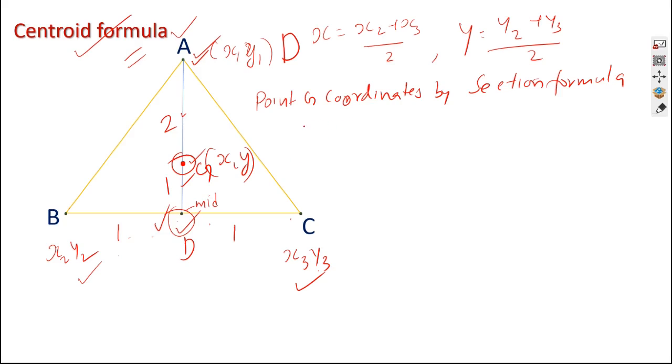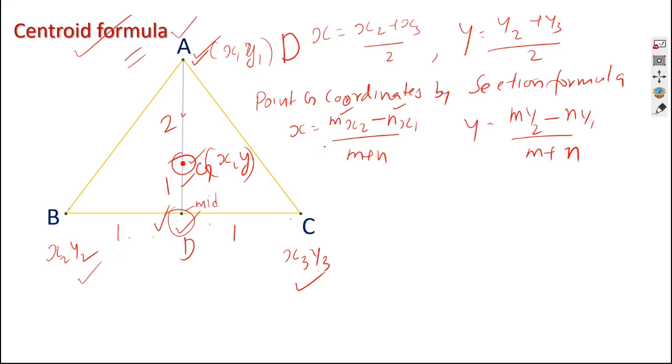What was it? x can be calculated by (m x2 plus n x1) upon (m plus n). y can be calculated by the formula (m y2 plus n y1) upon (m plus n), right? If this is the case, why can't we apply that over here? m and n denote the ratio, and x2, x1 are there.